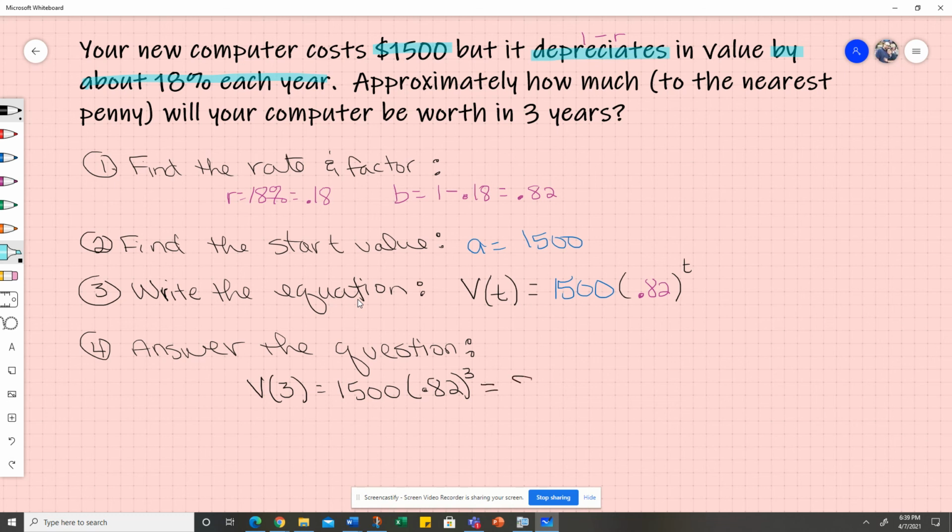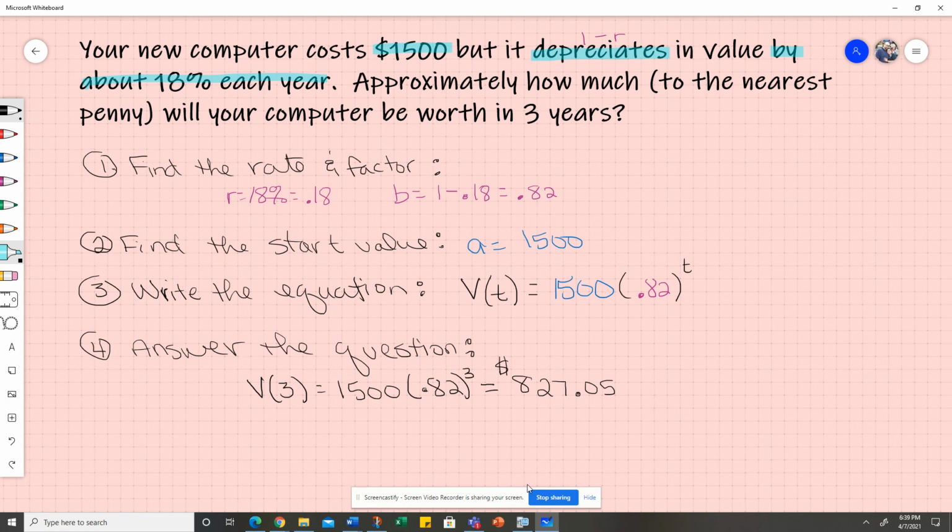Now when you put it in the calculator, whichever calculator you use, it actually comes out to 827.052. But it did tell us to round to the nearest penny. So our nearest penny would be 5 cents.